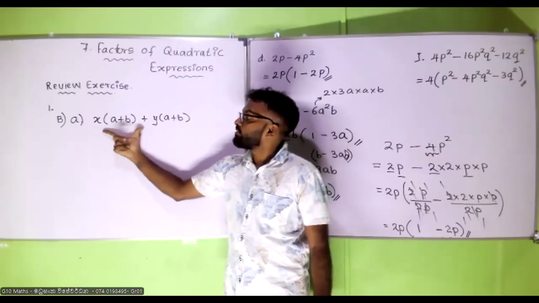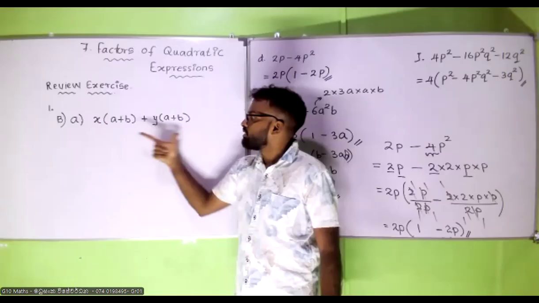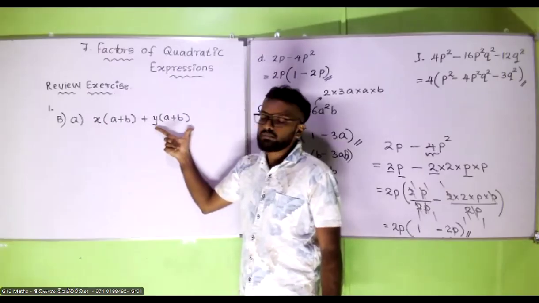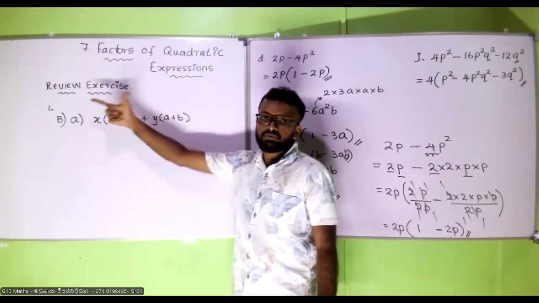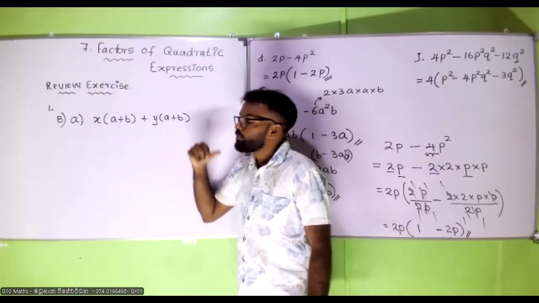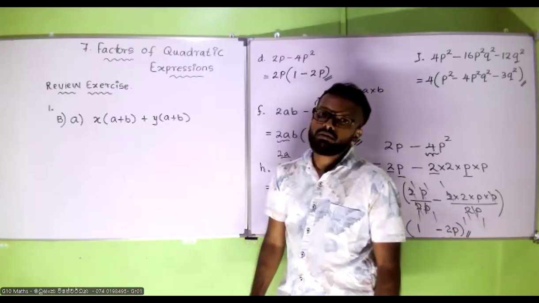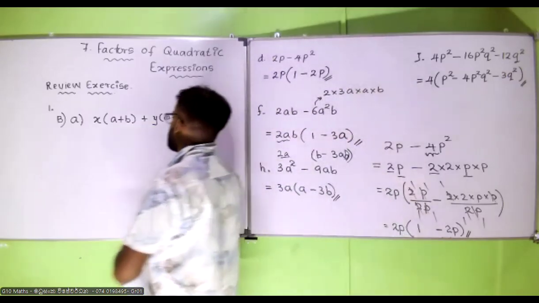We can take the first expression as a single term and the other as another single term. If you consider these two terms of the full expression, you can see a plus b is a common term.